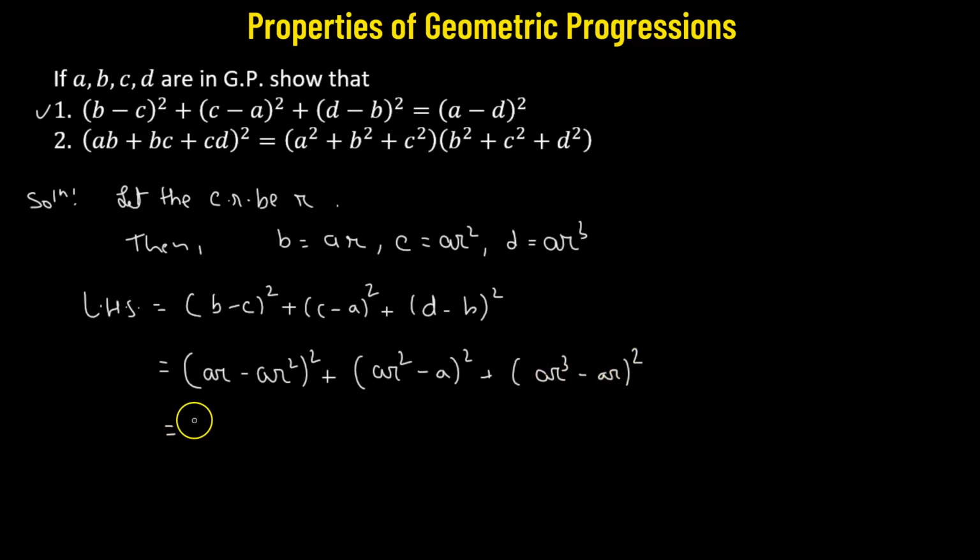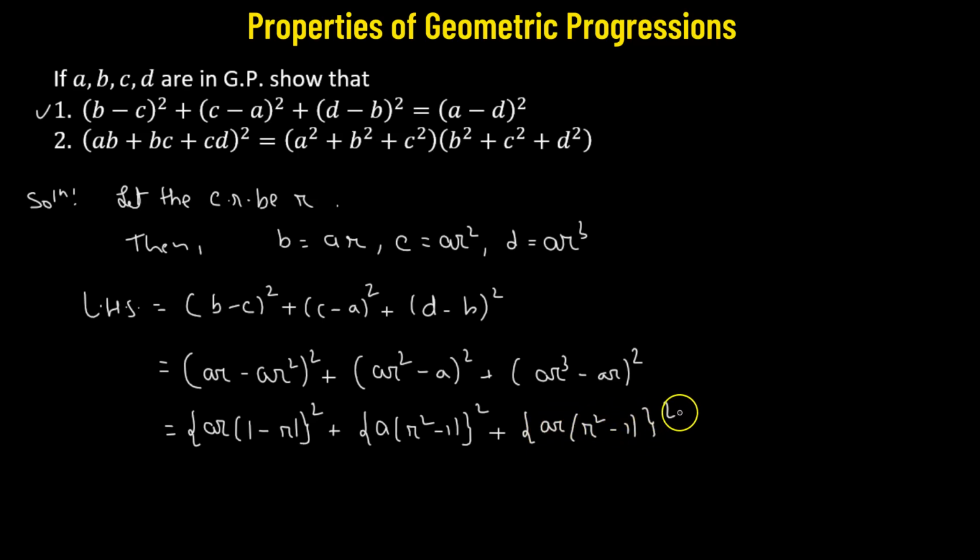So this will be equal to, if we take ar as the common factor, ar multiplied by (1 minus r) whole squared plus, if we take a as the common factor, we have a times (r squared minus 1) whole squared plus ar cubed minus ar, so that's ar multiplied by (r squared minus 1) whole squared.